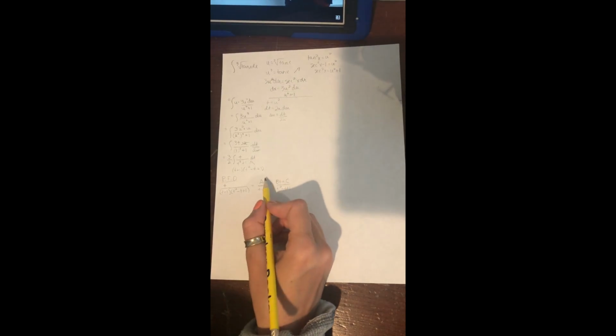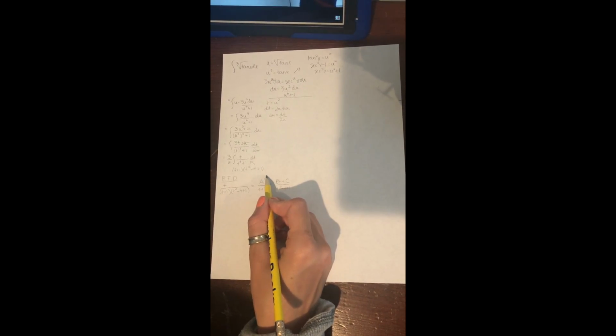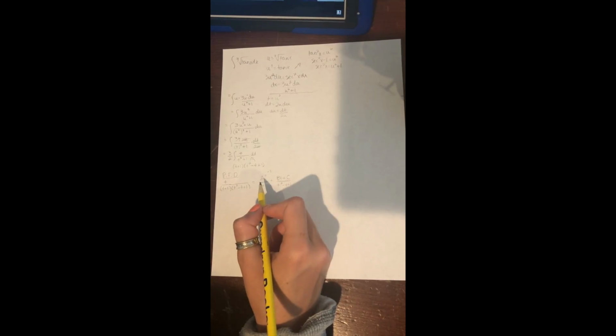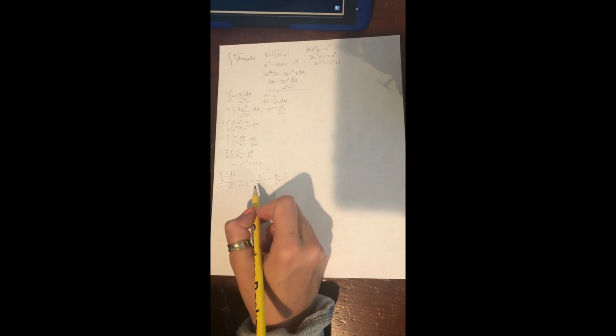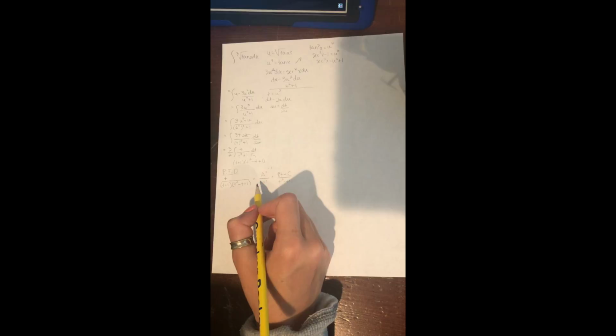Okay, so now we are going to let t equal -1, and when we plug in -1, we get what a equals. So a is equal to -1/3.